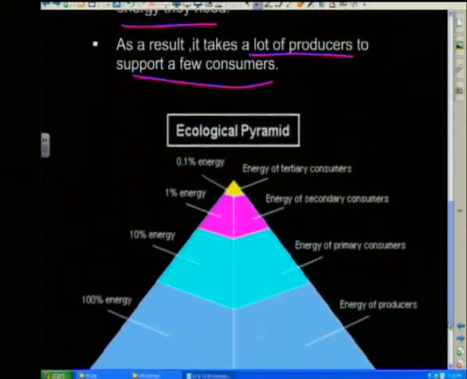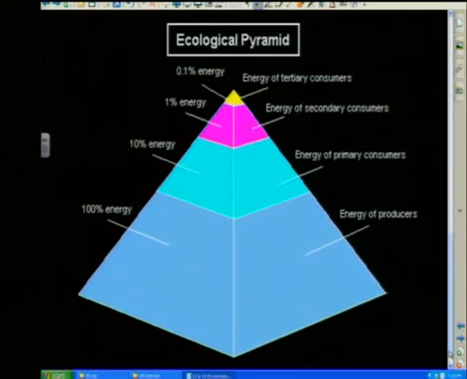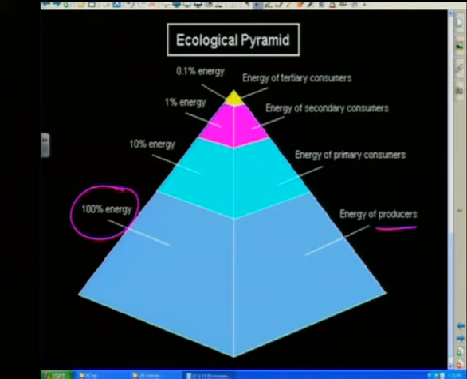If we look at this ecological pyramid, which is obviously an energy pyramid, these are the producers, the first trophic level, and 100% of the energy that they have trapped into their body is available to the next trophic level. Of the 100%, only 10% of that energy is passed on to the primary consumers.